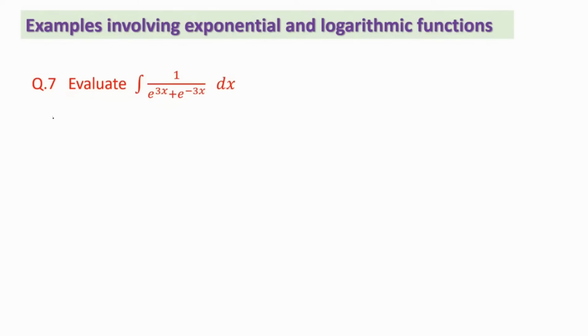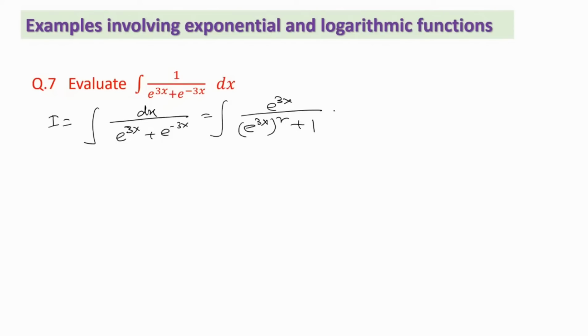To solve this integration, first we need to revise it in this form: dx over e to the power 3x plus e to the power minus 3x. This is equal to, we need to write it here, e to the power 3x over (e to the power 3x) whole square plus 1 dx.